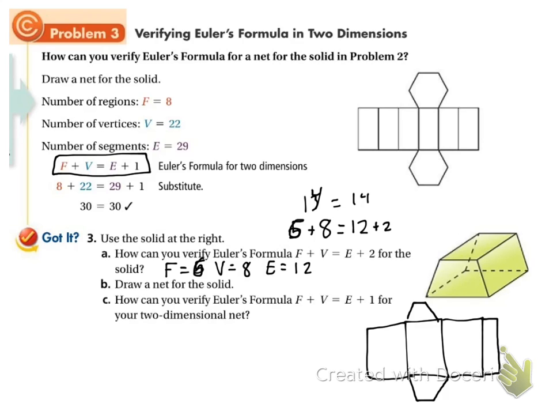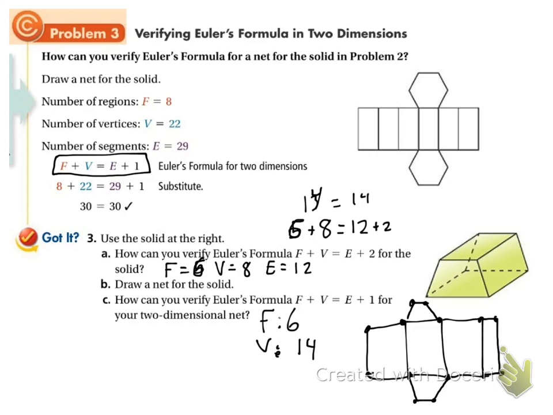Now I'm going to figure out the number of faces, vertices, and edges for this net. Okay, I'm going to get different numbers than I did before, but it's going to work if I use the formula for the 2D one. So first faces. Got 1, 2, 3, 4, 5, 6. That number should be the same. Vertices. 1 through 14. So there's a lot more vertices, right?